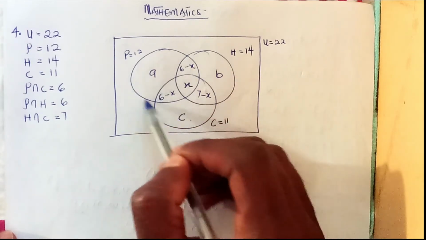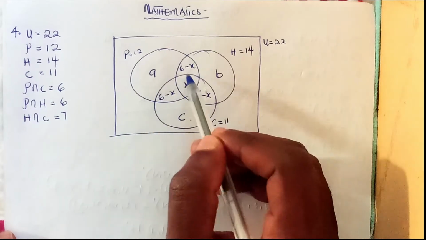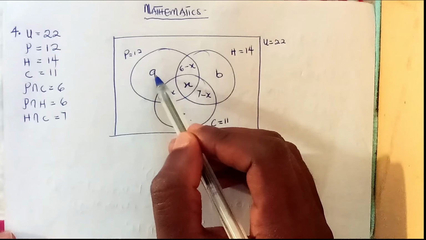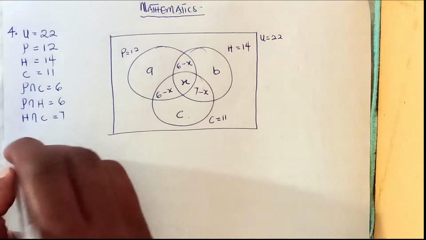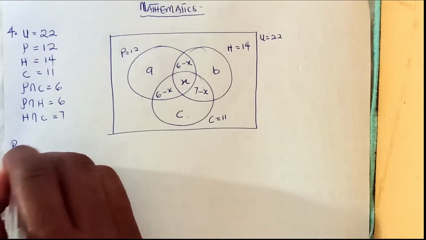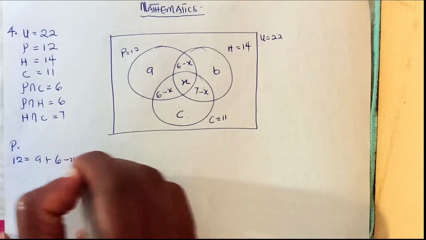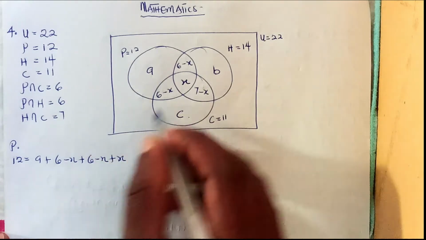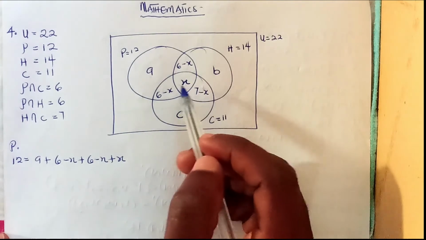Since we were given the whole of this side to be 12, we can add them and equate it to 12. So we make A the subject. For the P, we have 12 is equal to A plus 6 minus X plus 6 minus X plus X. This is the first 6 minus X, the second one, and that's the X. Let's add them.